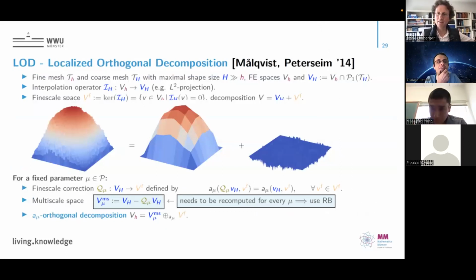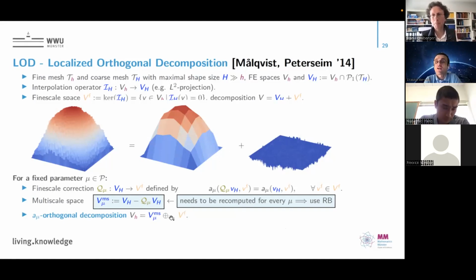On slide 29, this was very interesting to me. The localized orthogonal decomposition. This decomposition sounds very much in the same spirit as variational multi-scale methods that Tom Hughes and the others have pioneered two decades ago. Yes, of course, this is quite related. The difference is actually this construction where you get this orthogonality with respect to the bilinear form.